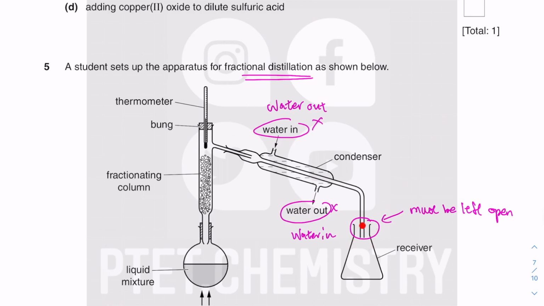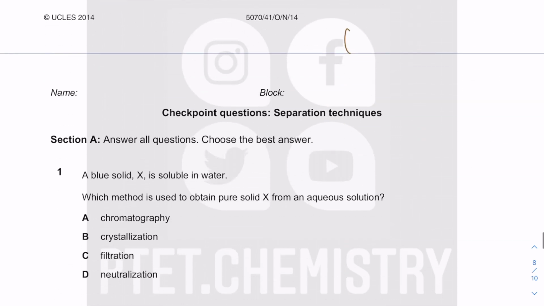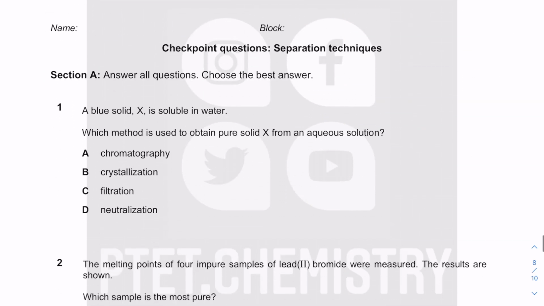Error number 2, error number 3 is usually here. So here is fine because the bulb of the thermometer must be where the vapor joins the side. And that's it really. I'll cover the checkpoint questions on separation techniques or purification techniques in a separate video.